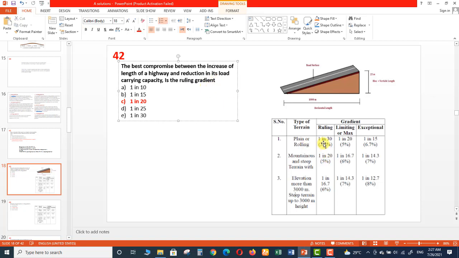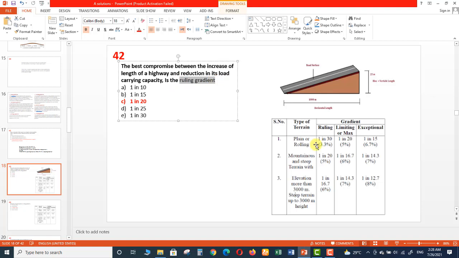And in this question, they are asking about the rolling gradient, right? If we look into the different gradients of rolling gradient, one is 1 in 30, second is 1 in 20, and third is 1 in 16.7. So if we compare these options to the different gradients of rolling, the only gradient which coincides with the options is 1 in 20, because they are asking about rolling gradient.